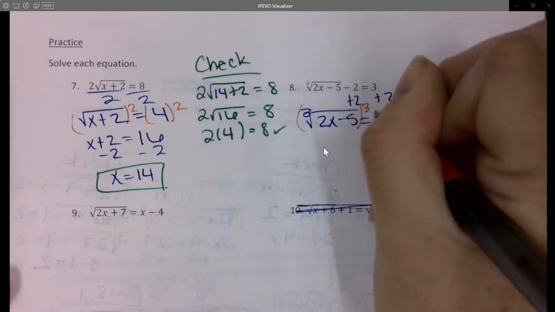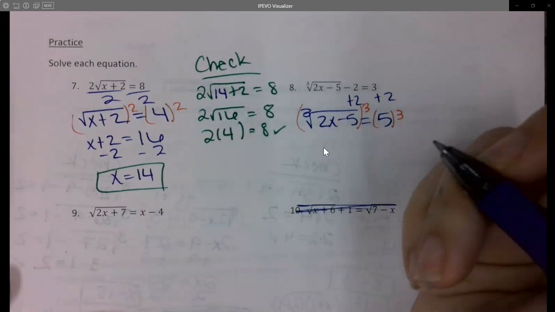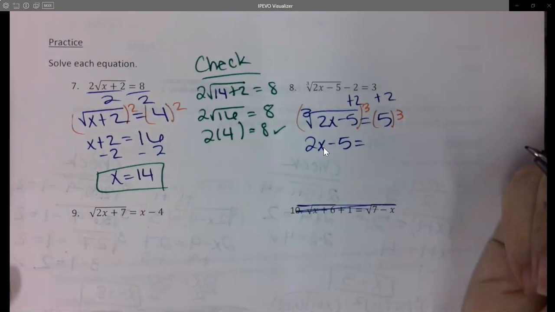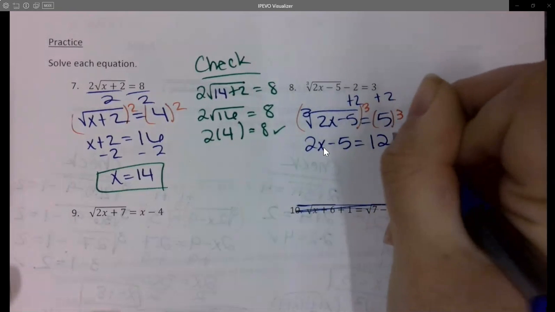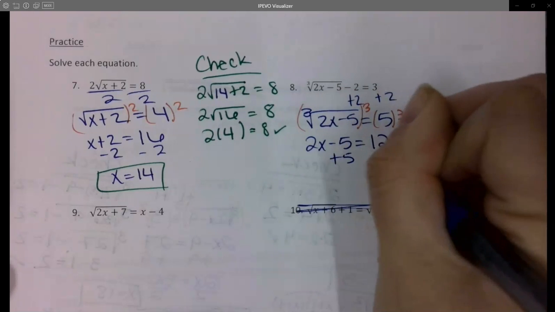Then I want to cube both sides. So that cancels out on the left side and just gives me 2x minus 5. On the right, 5 cubed is 125. Then I want to add 5 to both sides.